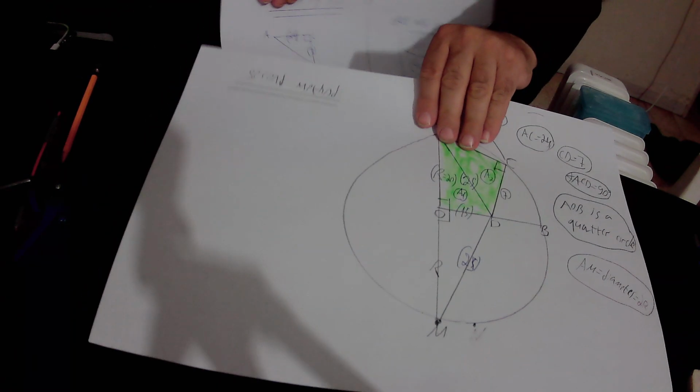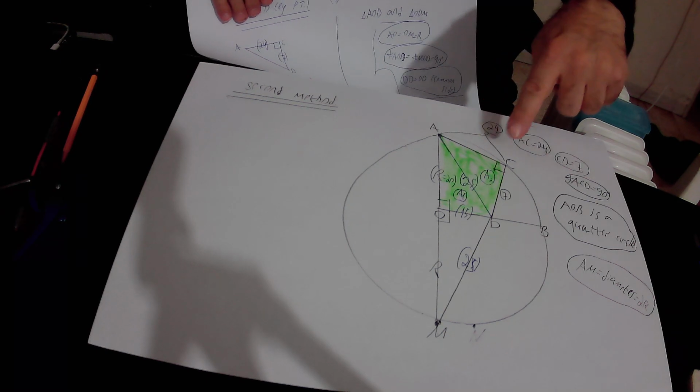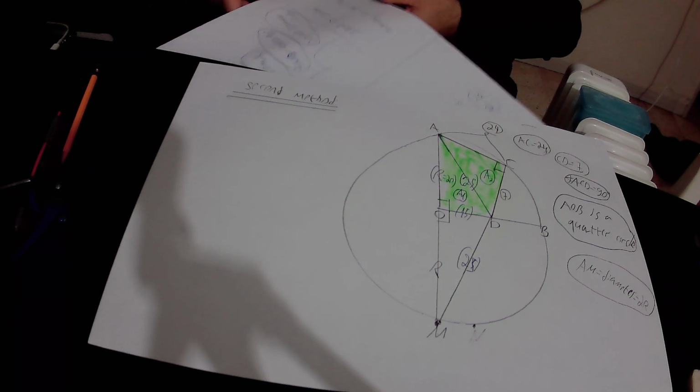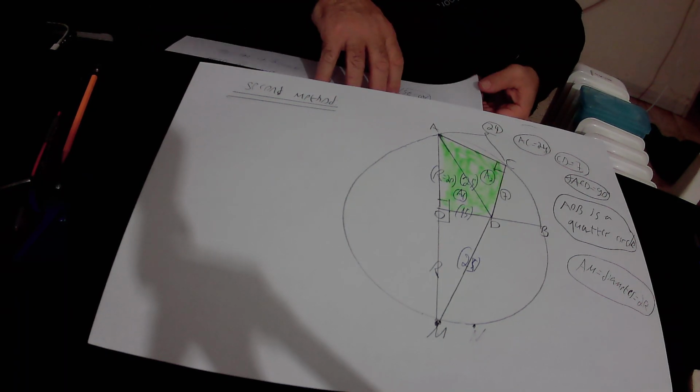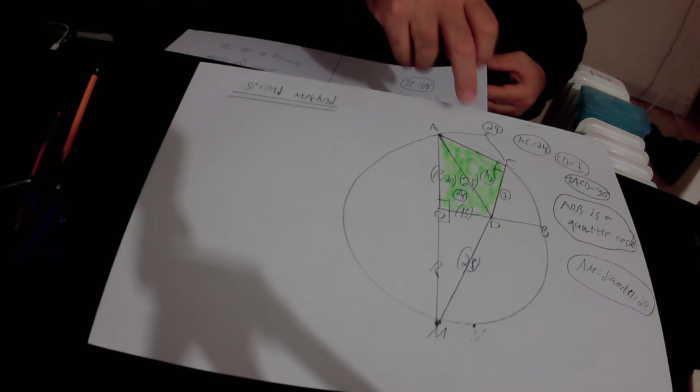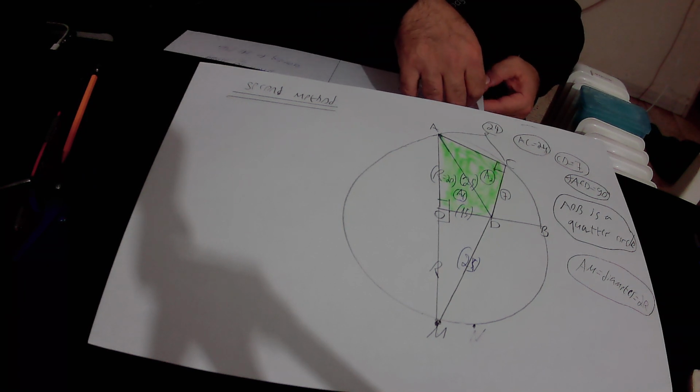In this way, we created the right triangle ACD, and we applied the Pythagorean theorem in the right triangle ACD in order to find the value of the hypotenuse AD.